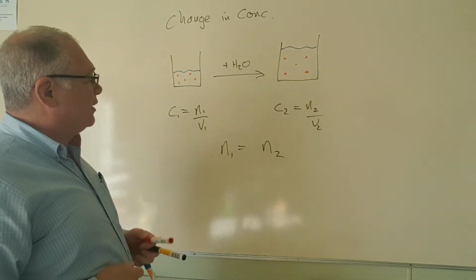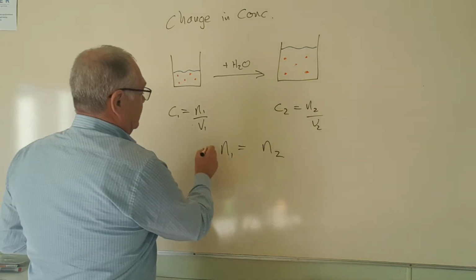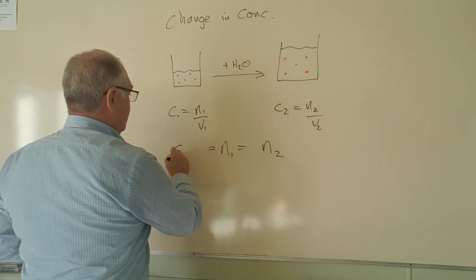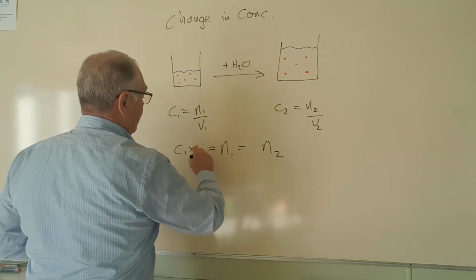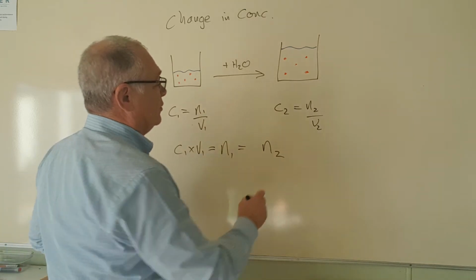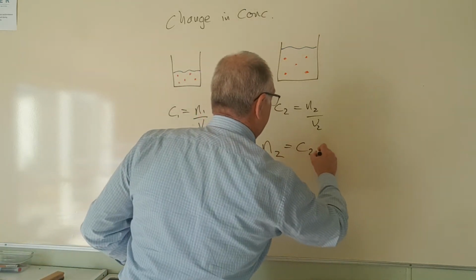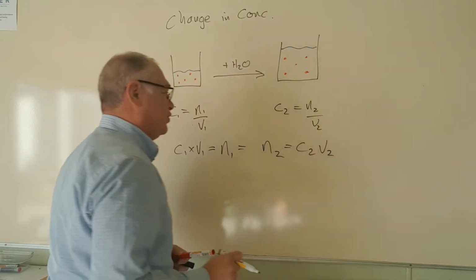So if we were to rearrange this, N1 is equal to C1 times V1, and N2 is equal to C2 times V2.